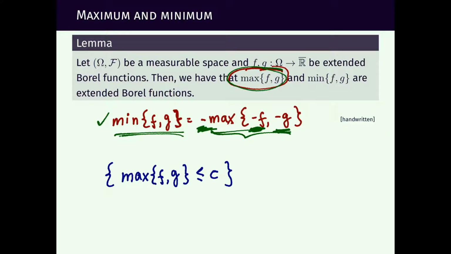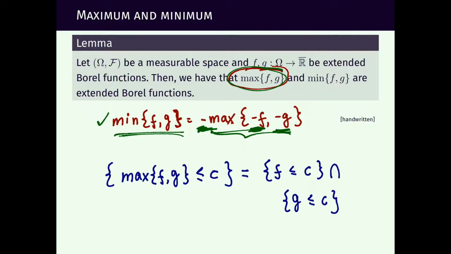And now it is enough to notice the following. For the maximum of two functions to be less than or equal to c, this will occur exactly at the points where the first function f is bounded from above by c, and the points that also belong to the set where the function g is also less than or equal to c.